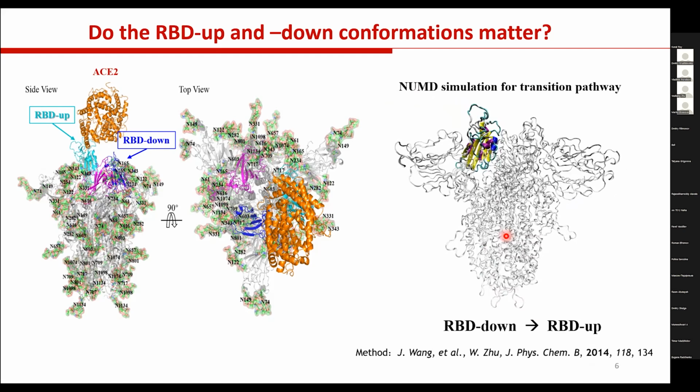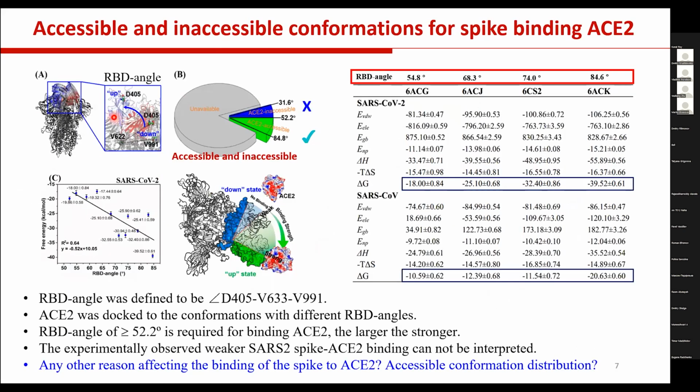After the simulation, we obtained different conformations along the transition pathway from RBD down to up. Then we defined an angle called the RBD angle, which is this angle.